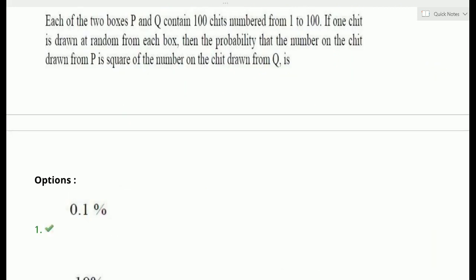So there are two boxes P and Q. Each box contains 100 chits. Suppose P contains 100 chits and the other, Q, also contains 100 chits. 100 అంటే numbers 1 to 100 అని ఇచ్చారు, అంతేనా? Now if one chit is drawn at random from each box, you have to draw one chit from each.